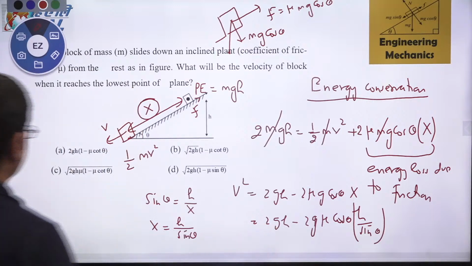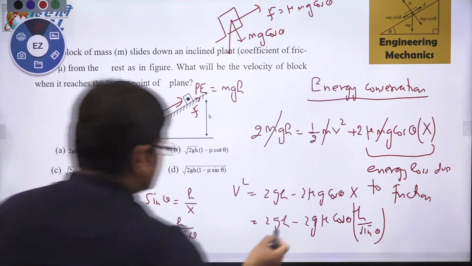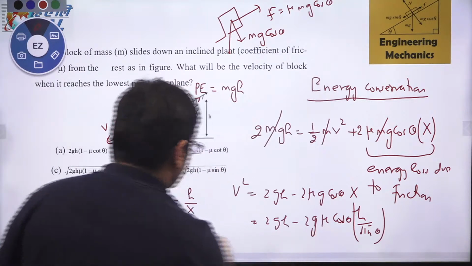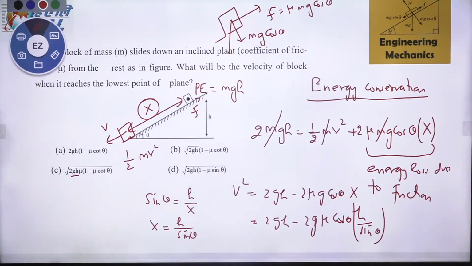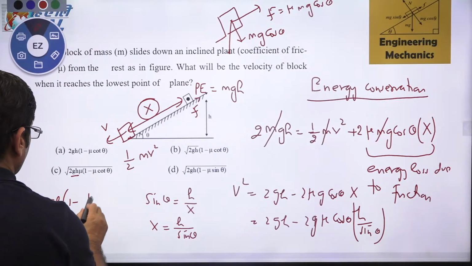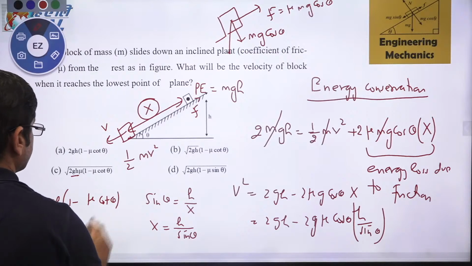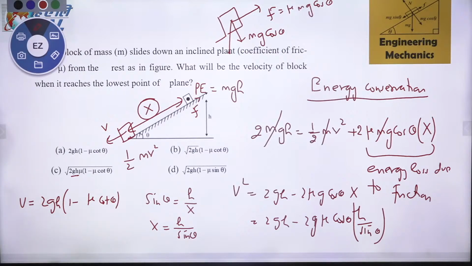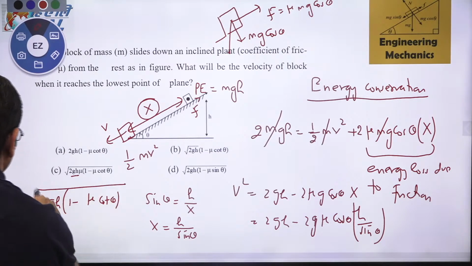Let's take some terms common, which is g and h. I take 2gh common. So it comes out to be 2gh times 1 minus mu cot theta, under root.